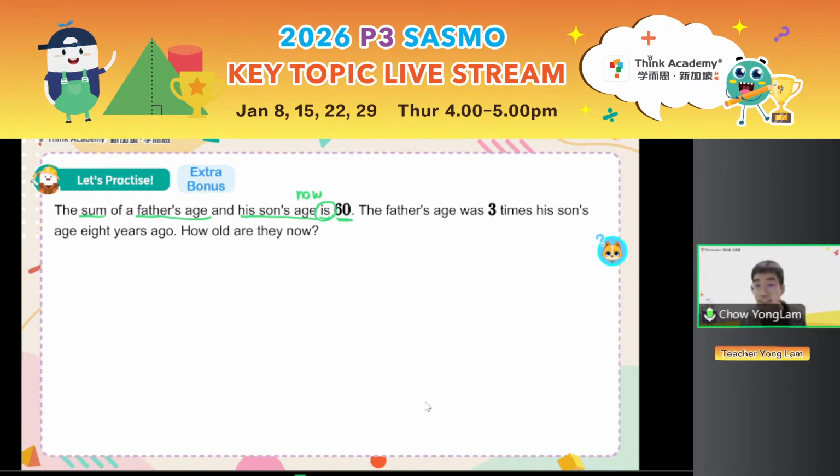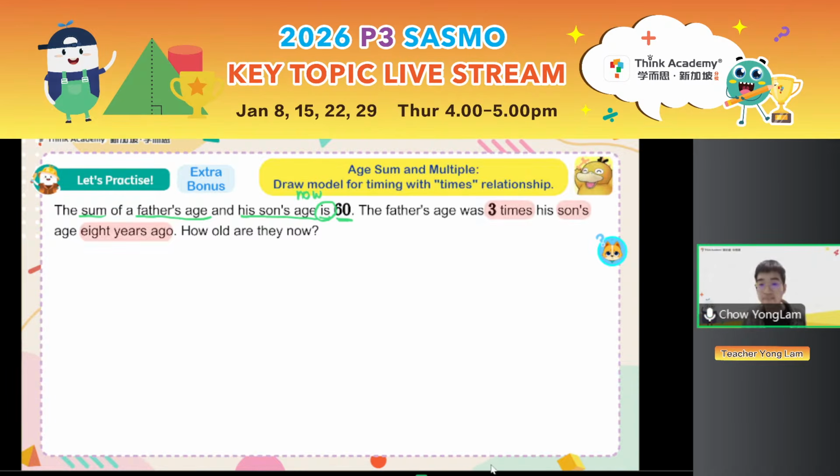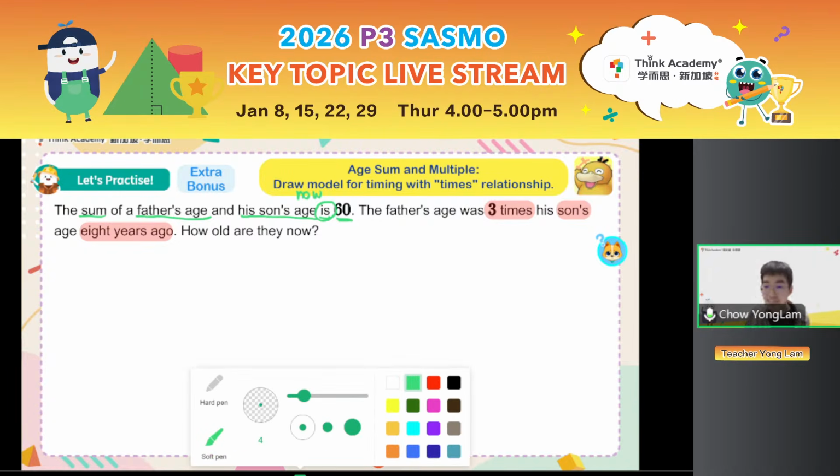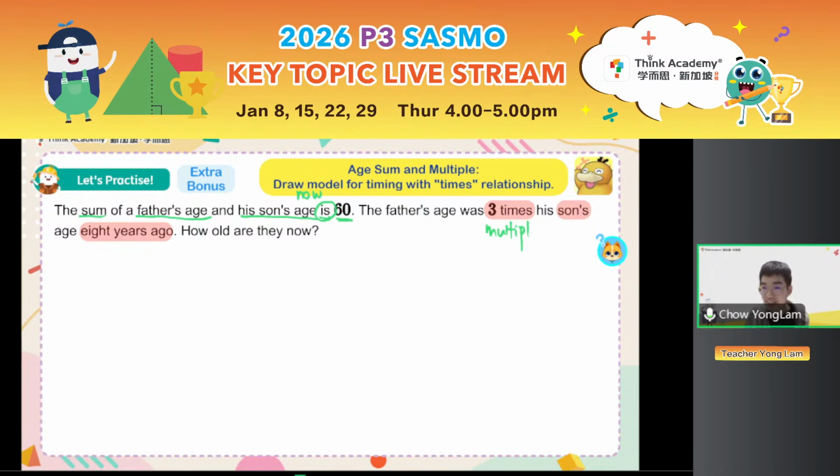Now their age is 60. Then the next keyword says the father's age was 3 times his son's age 8 years ago. So you can see here, there is a multiple relationship.